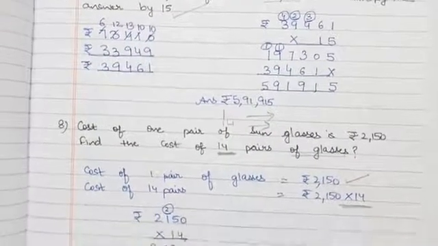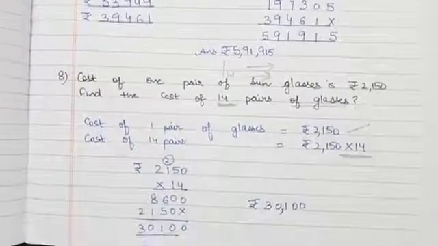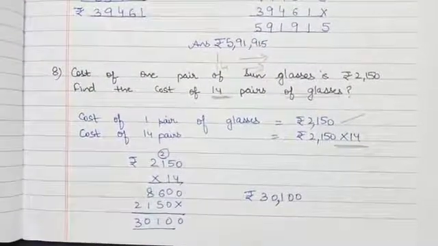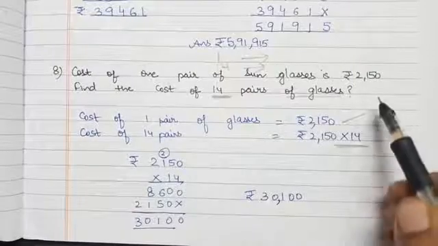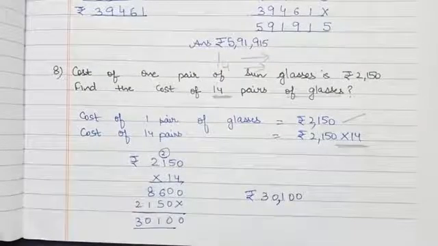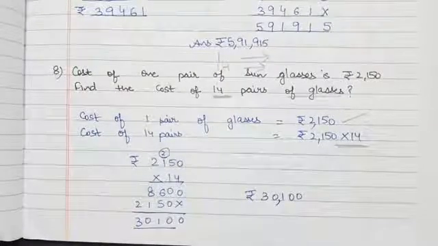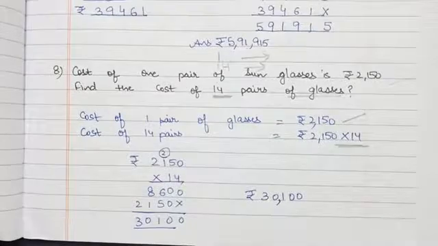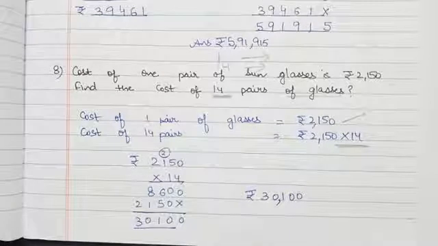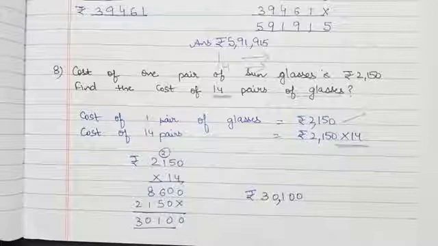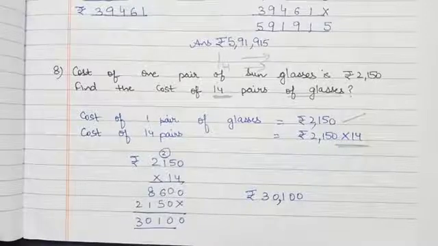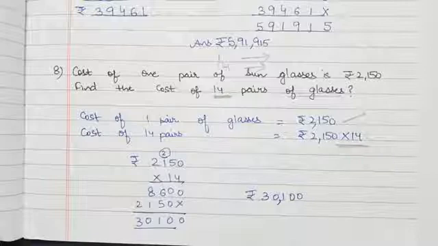The next question is, cost of one pair of sunglasses is given to you, and you have to find the cost of 14 pairs of glasses. So children, in this question, cost of one thing is given to you and you have to find for 14.